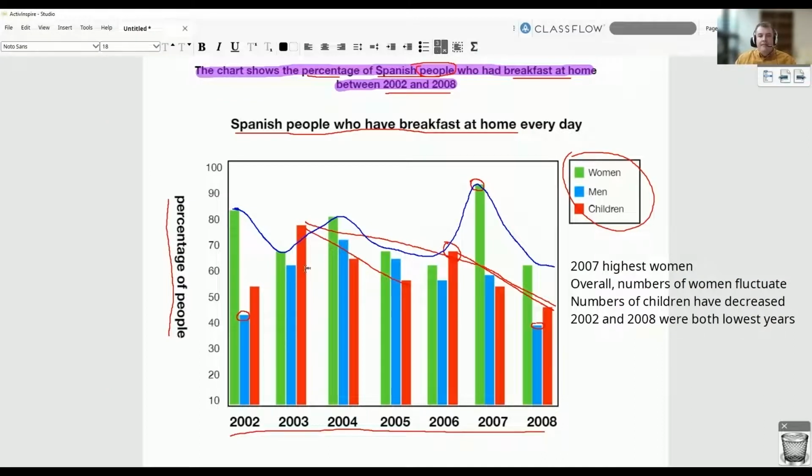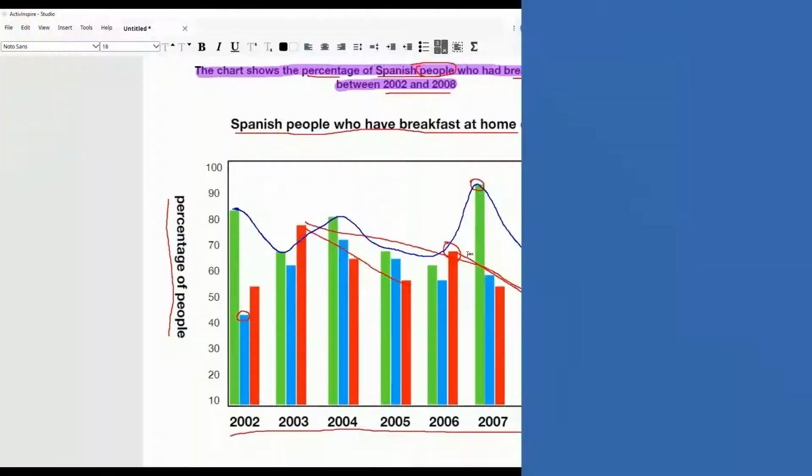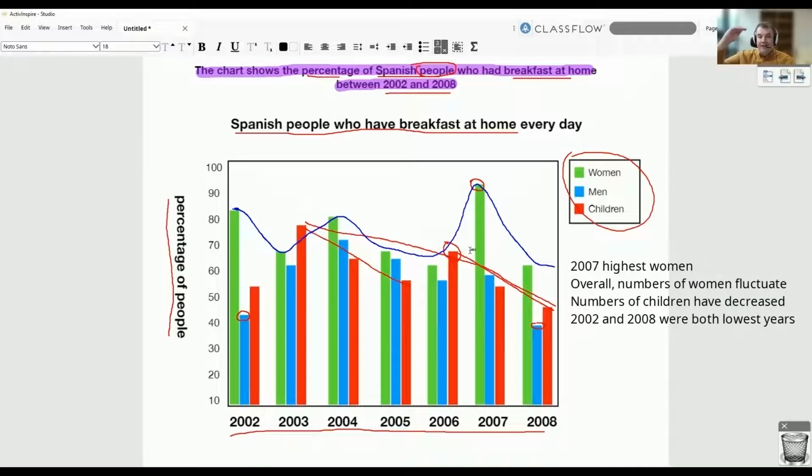And then have a look at the key features within it. What is the highest number? What is the lowest number? Are there any clear fluctuations? Are there trends over a period of time? Does it go up for a while and then come down and then go up again for a while? So these are the key points, and I'm going to put that up here.